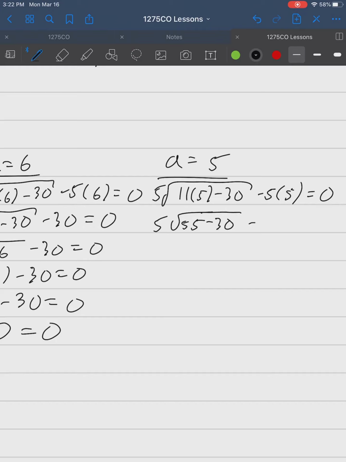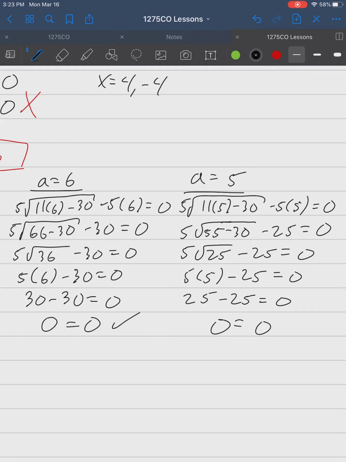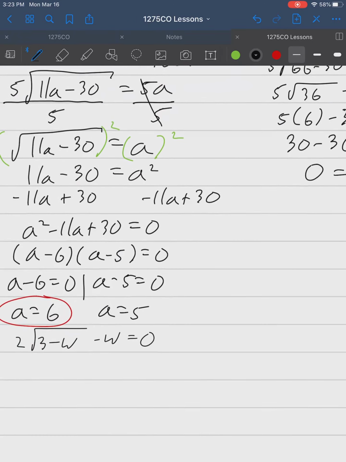Let's make sure our radical goes all the way out. Minus 25 equals 0. 5 radical 25 minus 25 equals 0. 5 times 5 minus 25 equals 0. 25 minus 25 equals 0. And there is our check. All right, both of these are going to work, which means this equation has 2 answers.